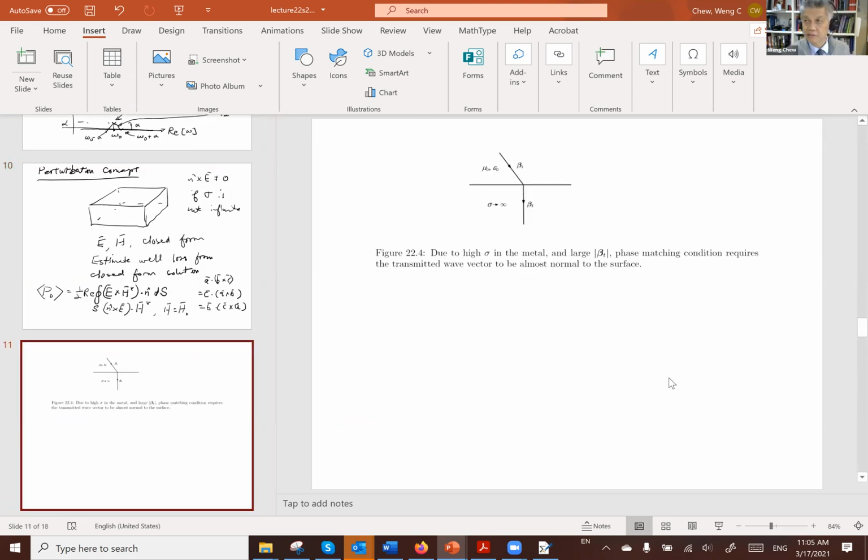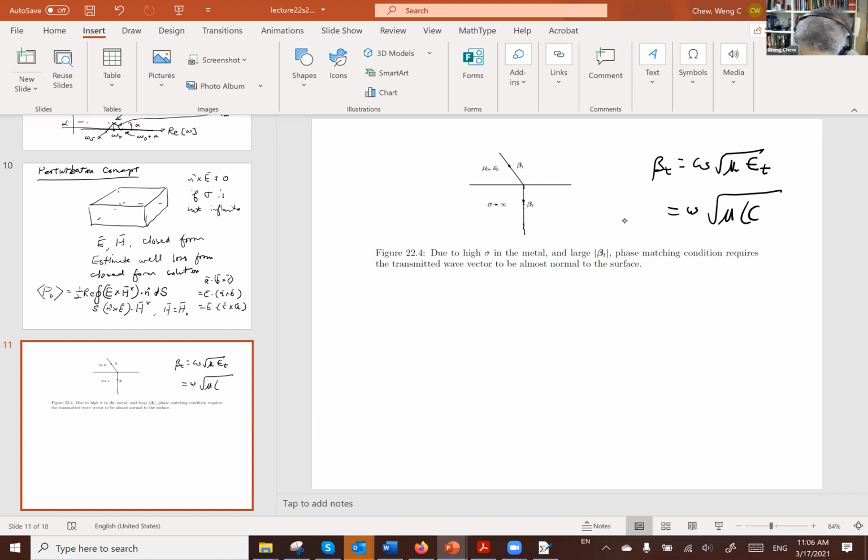The transmission of an electromagnetic wave at an interface. And if we have an interface such as this, where one medium is highly conductive and the other one is just air, we know that by phase matching, the field has to be refracted in such a manner that the beta vector is almost normal to the surface, because beta t is omega mu epsilon t, and epsilon t is that of the conductor.